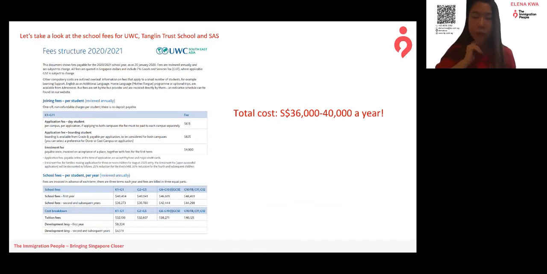We're talking about spending 36 to 40,000 for your child's education, and we're not even talking about college level. It's just from preschool to high school, and it can already be somebody else's yearly income. So it's definitely not cheap for an international school.